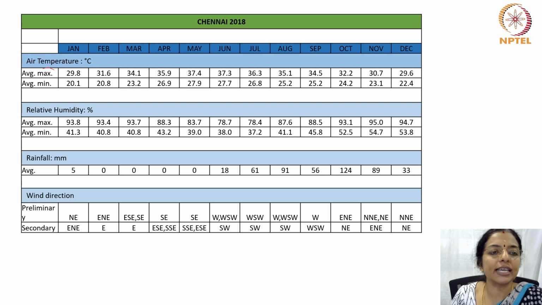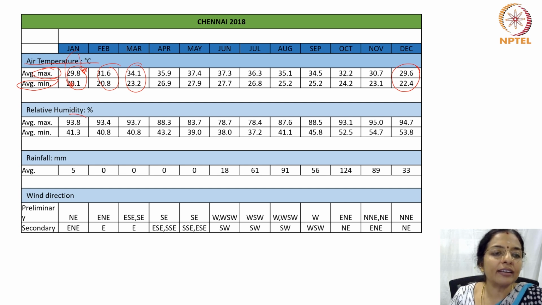So you can see the average maximum and average minimum air temperature entered like this. I will demonstrate it also in the forthcoming slides. So for January, what is the average maximum temperature? For January, what is the average minimum air temperature? And so on. Like this, you enter this till December.